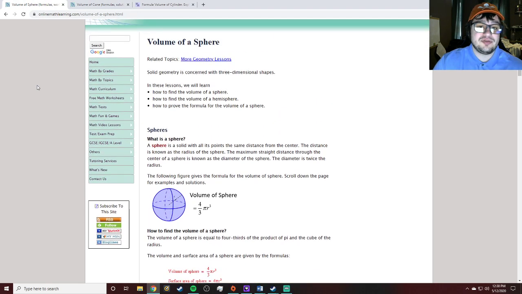The last is a sphere. Now, sphere is nice to you because all you need to know is the equation, and you need to find the radius. Because the radius is kind of the height as well in these types of problems.